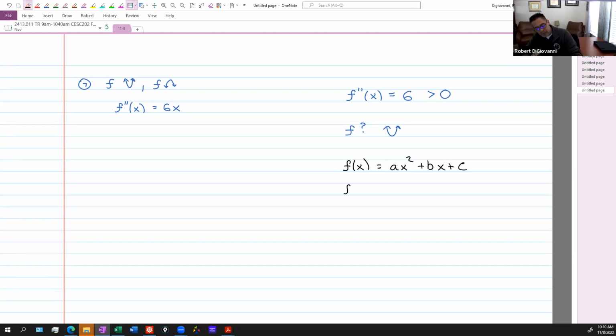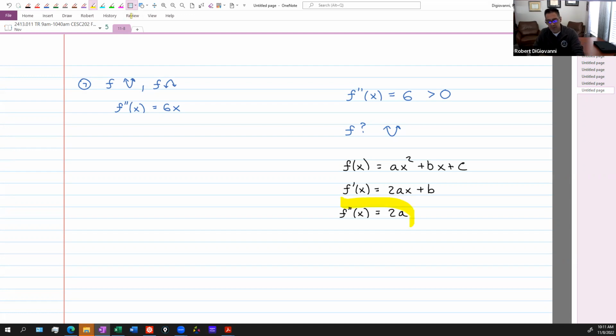Well, why? Take the derivative. What's the derivative of this function? 2ax plus b, right? Take the derivative again. What's the derivative of that? 2a, right?